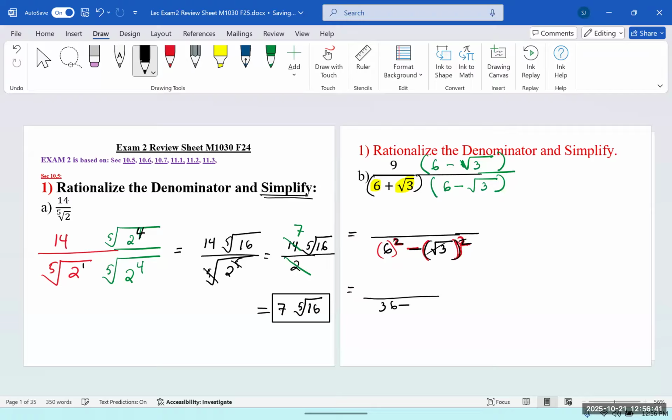The radical and the 2 cancel out. We get only 3. So what is our denominator? 33. And what about the numerator? Keep it. Because 33 and 9 are divisible, so don't do anything. 6 minus radical 3.